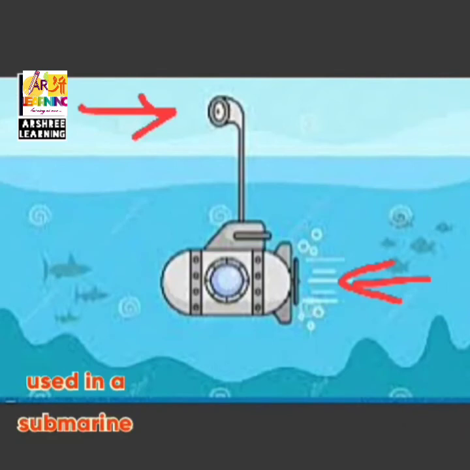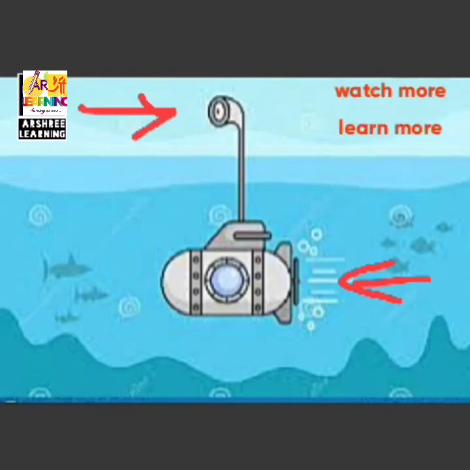So they can keep on floating under the water, and with the help of the periscope the image of things which are situated above the water can be seen at a lower altitude inside the water. So that is the work of a periscope, and it also works on the principle of multiple reflection. There is reflection from two mirrors.